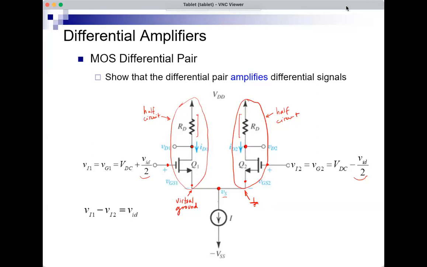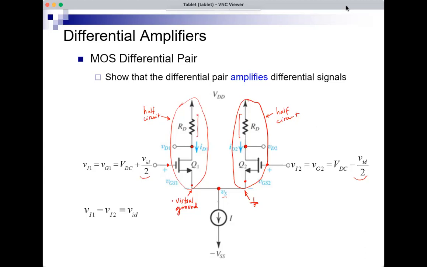And this is the simple common source amplifier. We've been studying this common source amplifier since EECE 310. So we're very, very familiar with it. And the half circuit is just that.